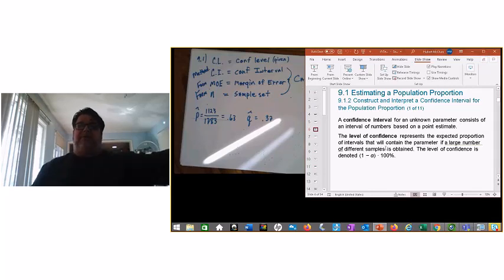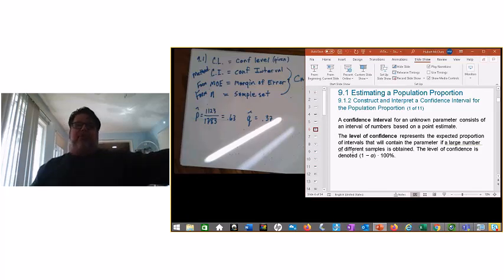I don't know why they put this one first, because this one is based on the confidence level, so the confidence level should be defined first. The confidence level is how confident you are in your work in the problem. That's pretty much it.